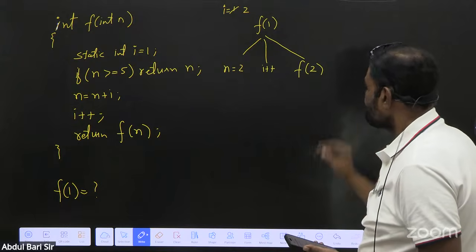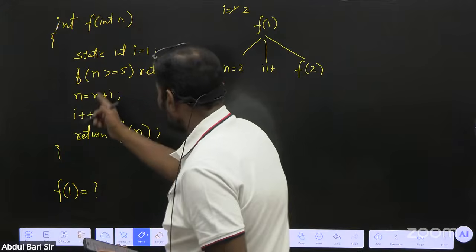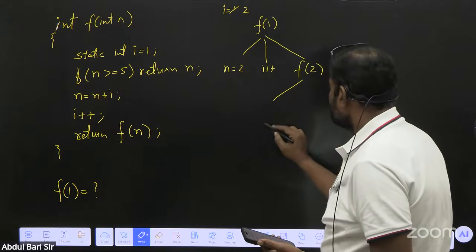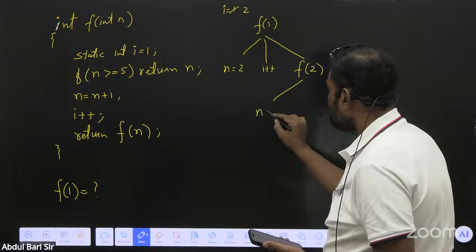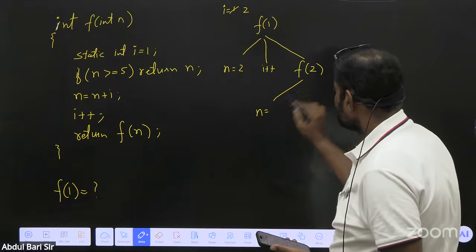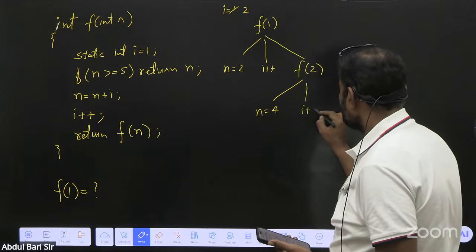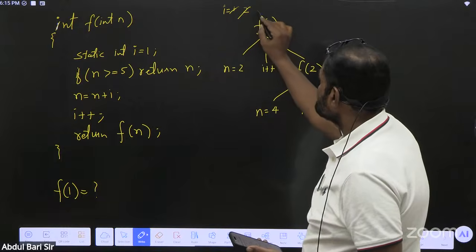n is 2. Again, 2 is not greater than or equal to 5, so there are 3 steps in this one. n + i, that is 2 plus 2, which is 4. Then i++, so this will make it 3.